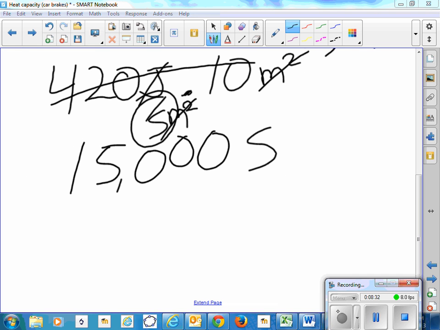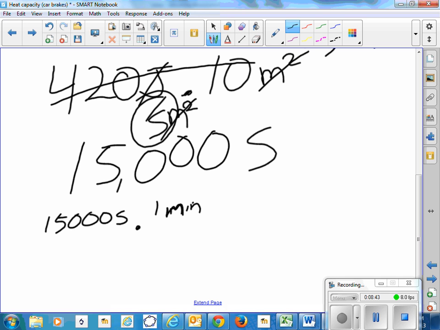Okay, let's do unit conversions. 15,000 seconds times 1 minute for every 60 seconds, so dividing by 60 would give us minutes. And there is 1 hour for every 60 minutes.